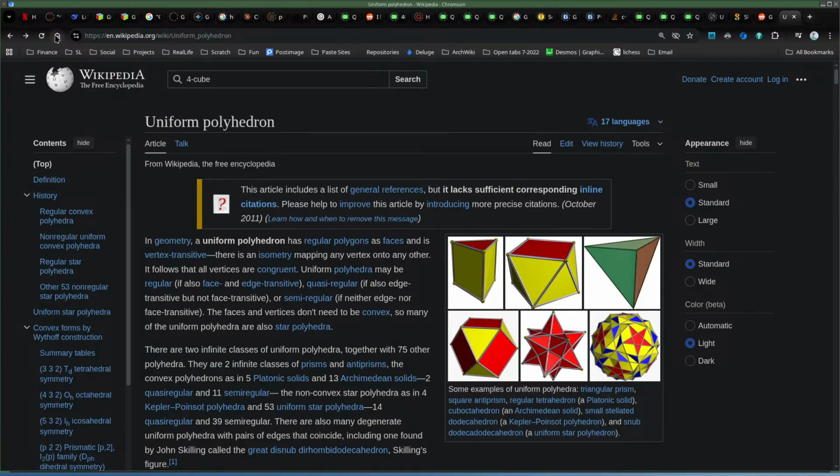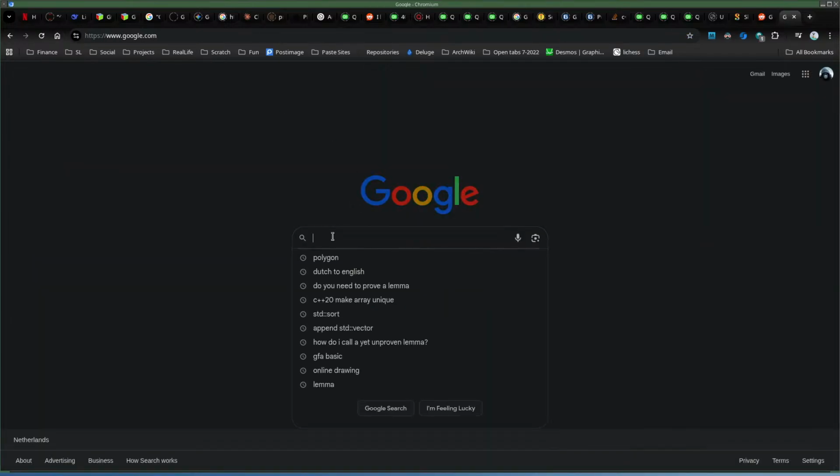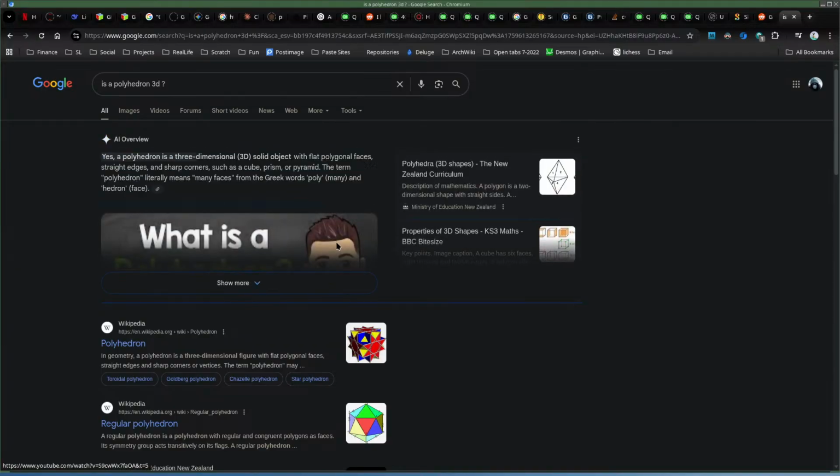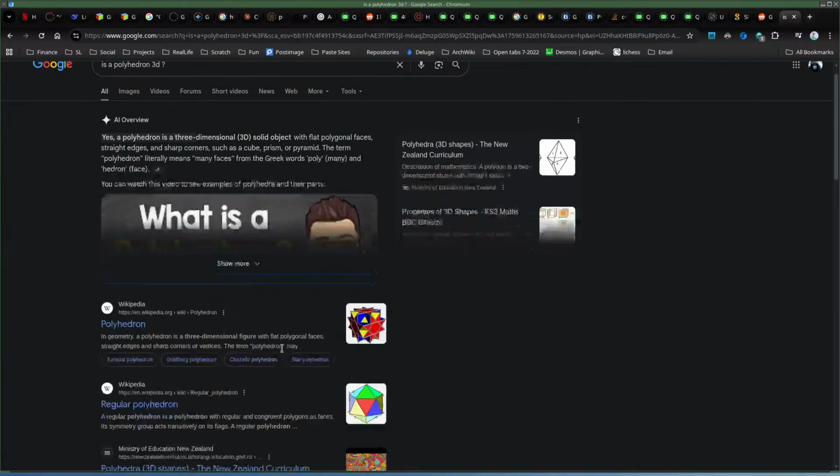I want to have those names correct. So is a polyhedron 3-dimensional? Well, this is an AI as well.